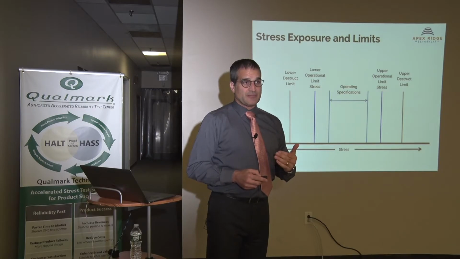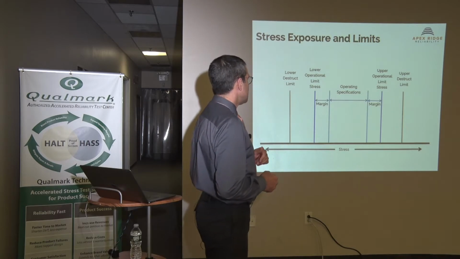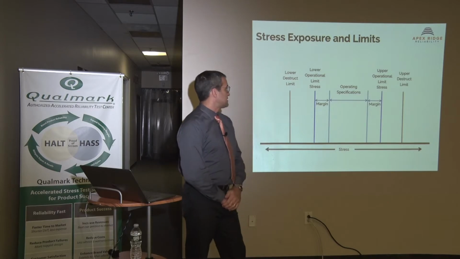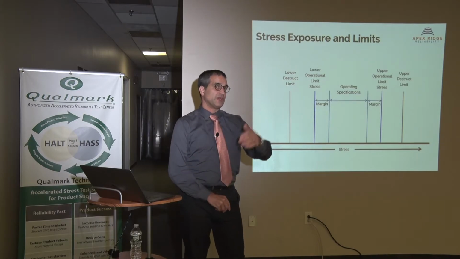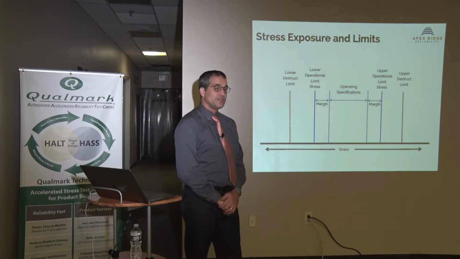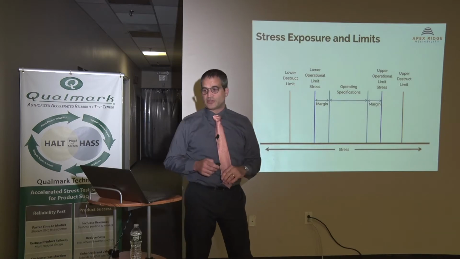The destruct limit is where it cannot recover, it gets destroyed. So these are your margins for stress. If you are saying that the product can handle those operating specifications, which is what you're communicating for actual use in the field, the difference between that and the operational limits are the margins you have for stress.